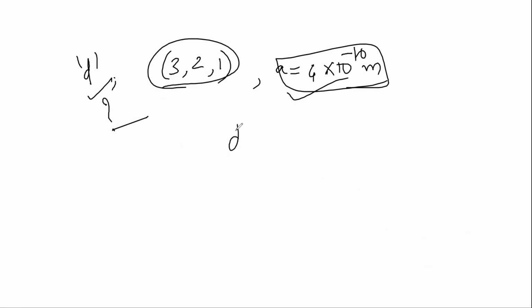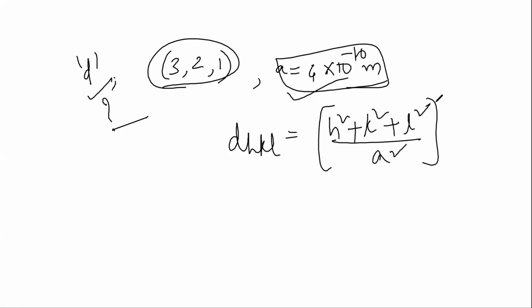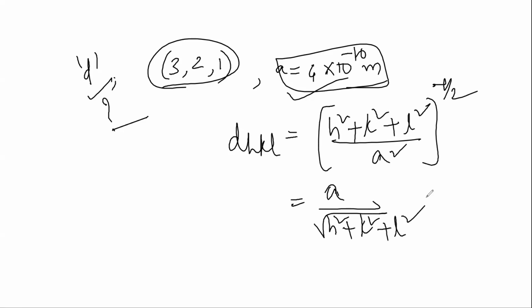Now how do you calculate? You know the formula, right? I have derived it for you before. D equals H square plus K square plus L square for simple cubic lattice, A square whole power minus half. Now what I'll get? Equal to A by root H square plus K square plus L square, right?